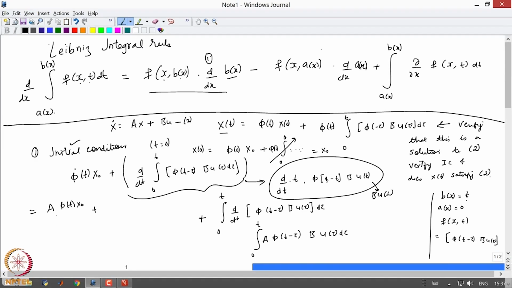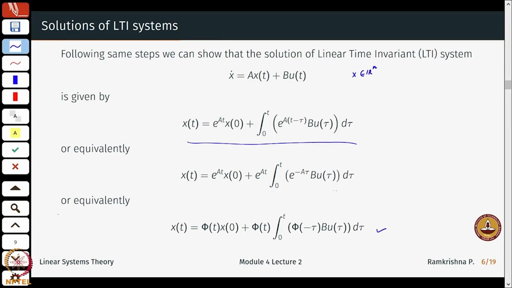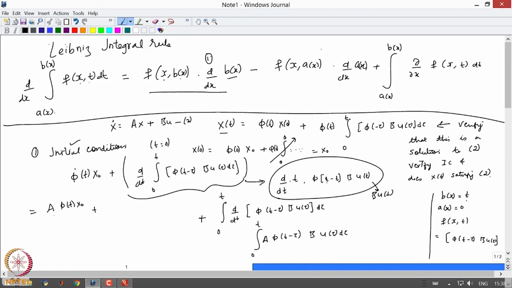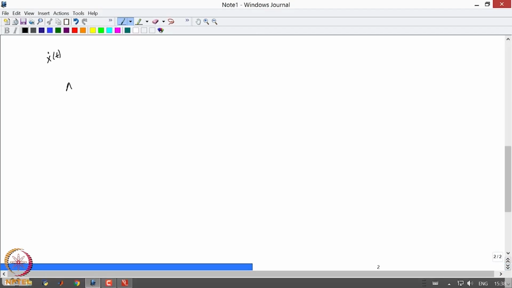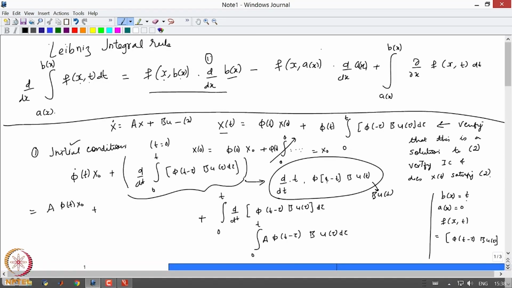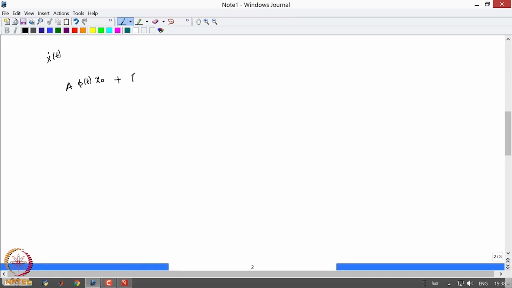I have A phi of t x naught plus B u of t, plus, what is the remaining term here.